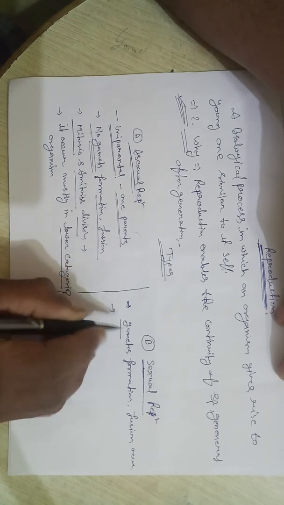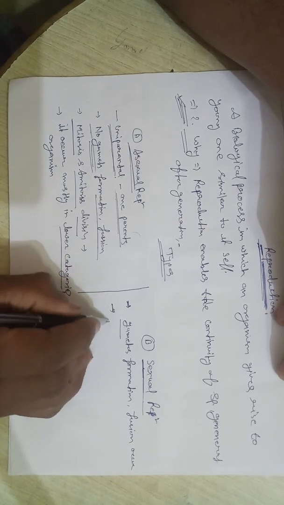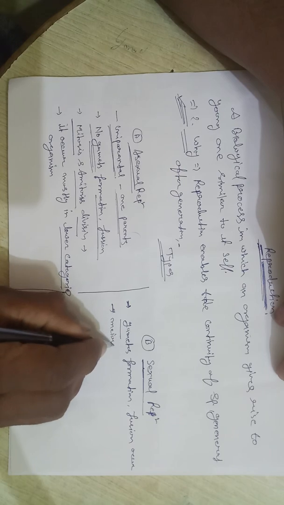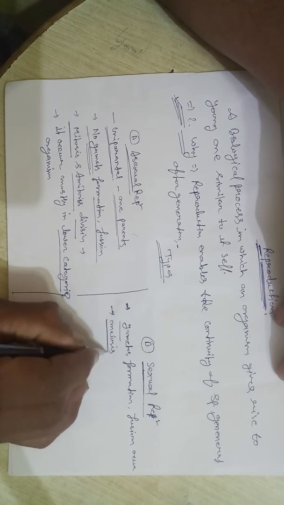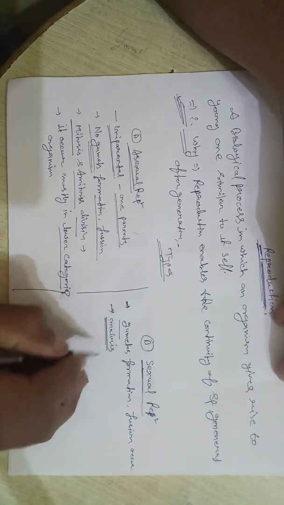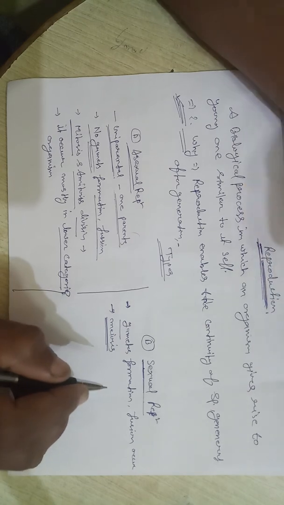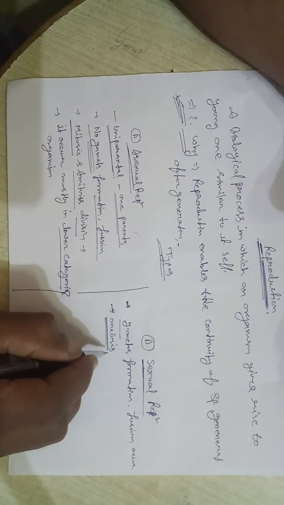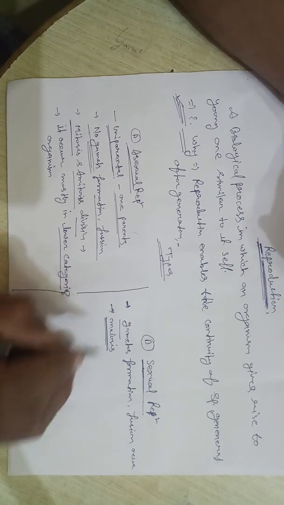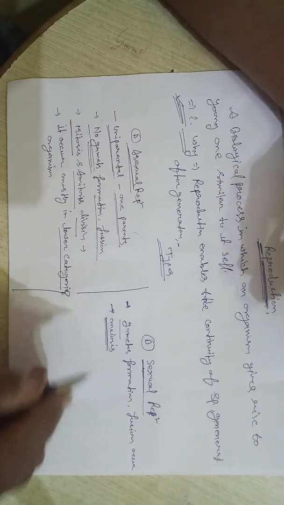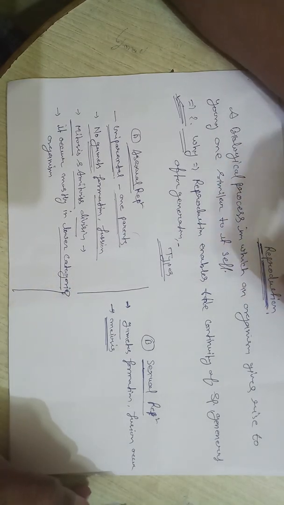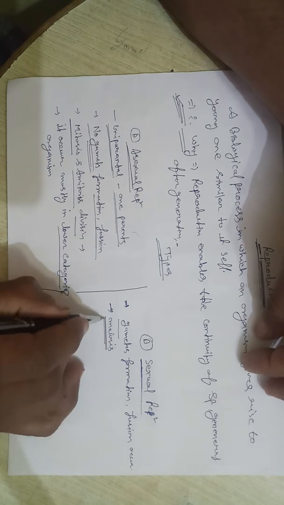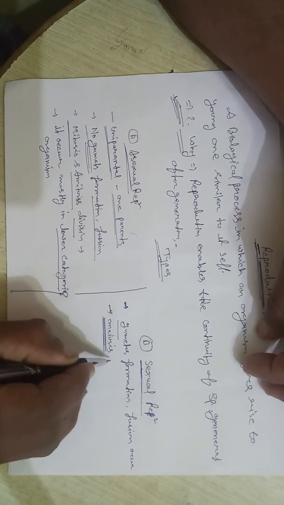For the formation of the gamete, meiosis occurs. Meiosis is necessary because it is a process by which the chromosome number becomes half, and that ensures the continuity of the chromosome number generation after generation. So meiosis is essential for gamete formation.